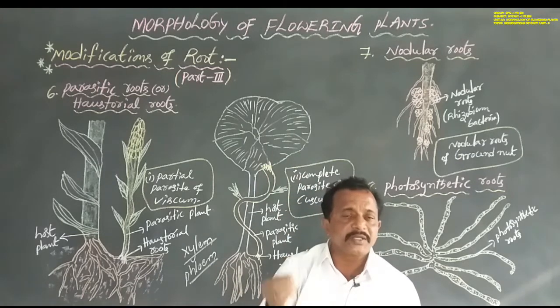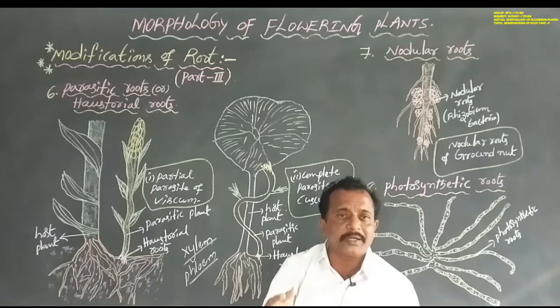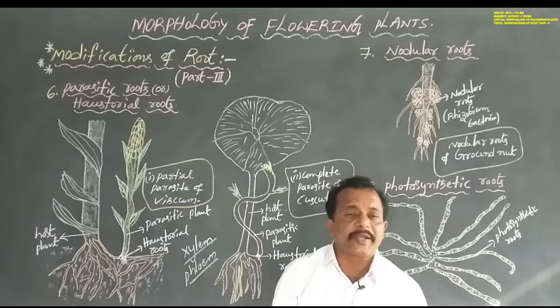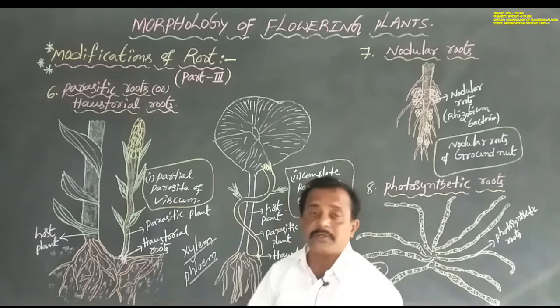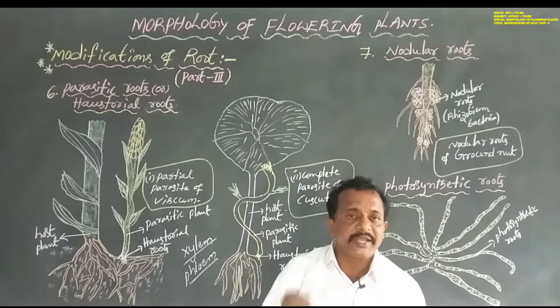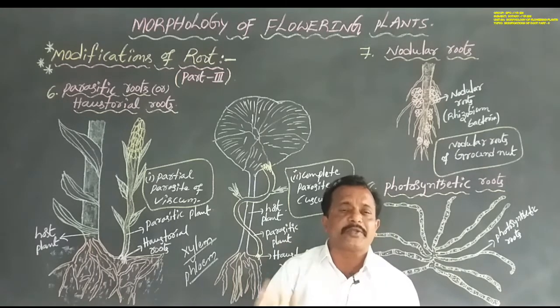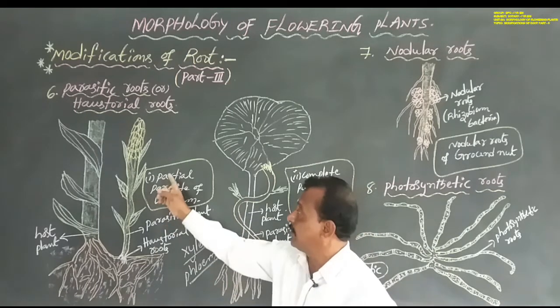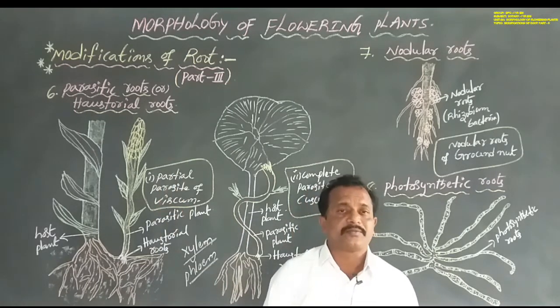So these haustorial roots get water and mineral nutrients by connecting to the xylem of the host plant. Striga and Viscum depend only on the host plant for water and mineral nutrients. That is called a partial parasite.